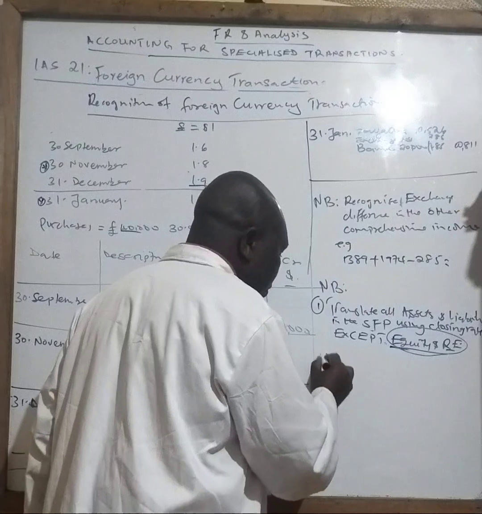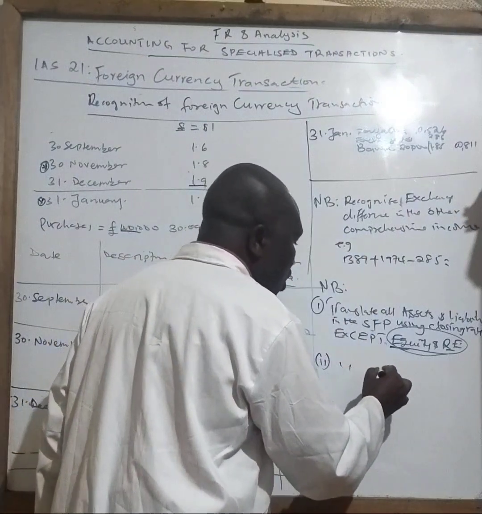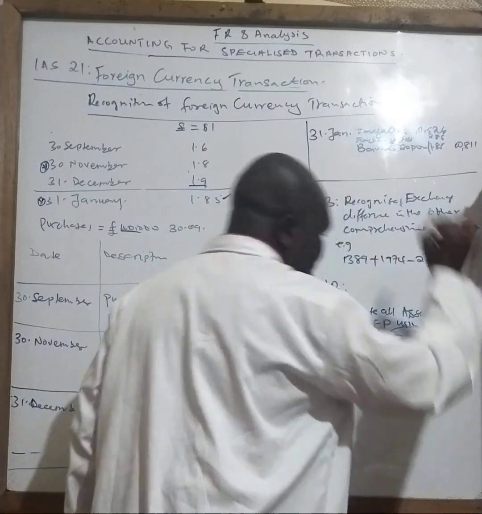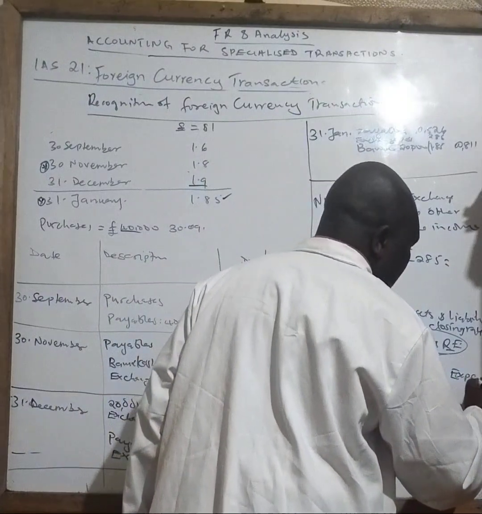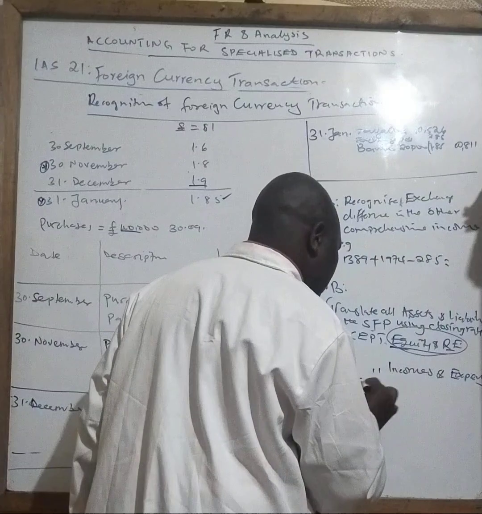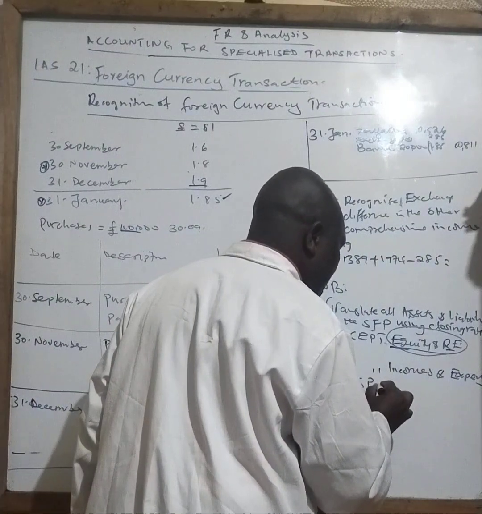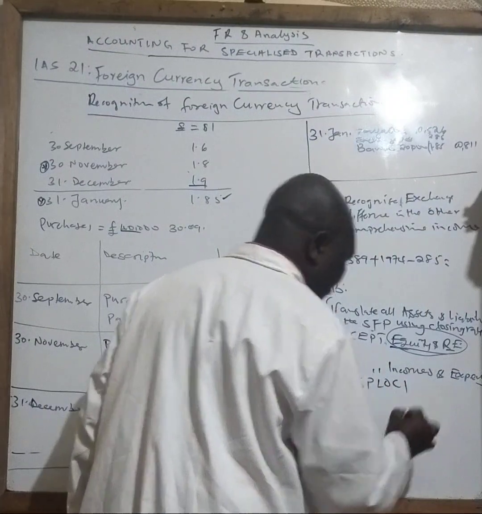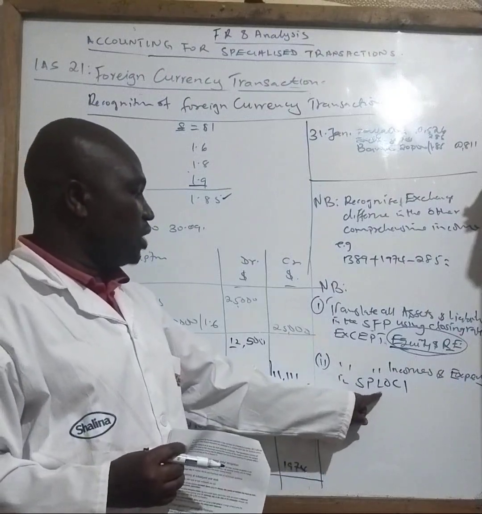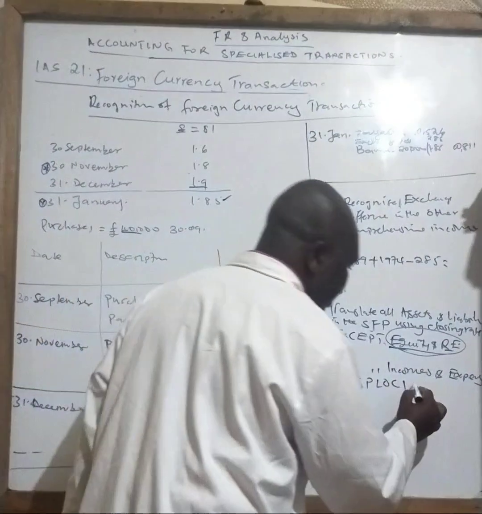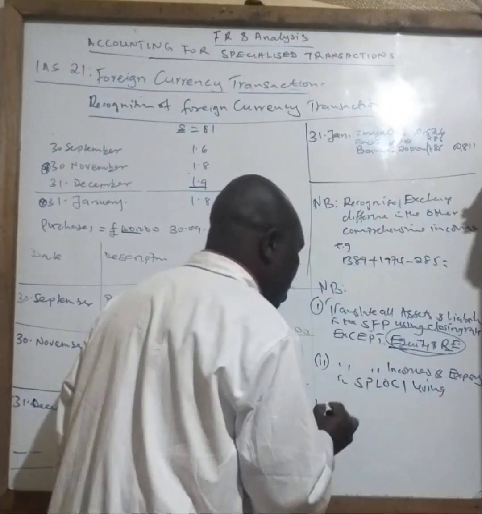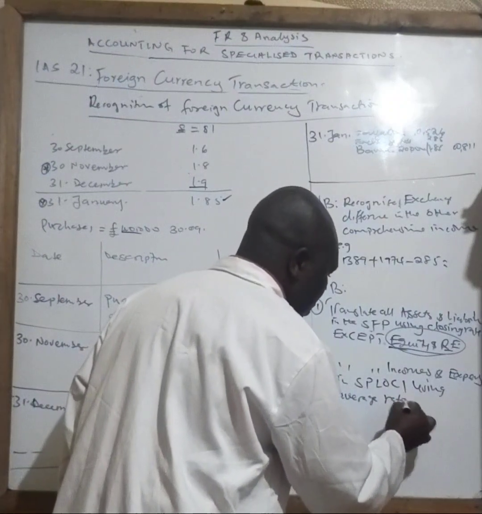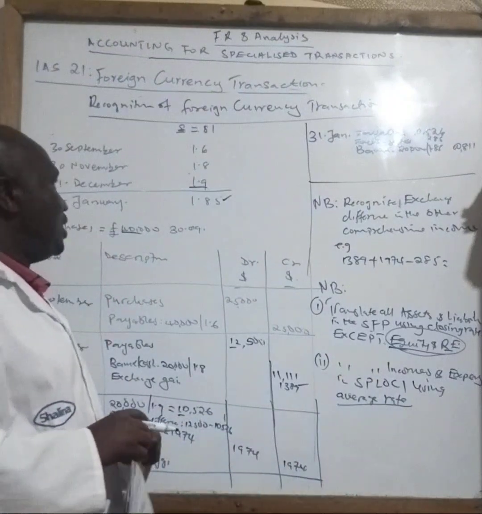Another element, number 2: translate all the incomes and expenses in the statement of profit or loss and other comprehensive income using the average rate.